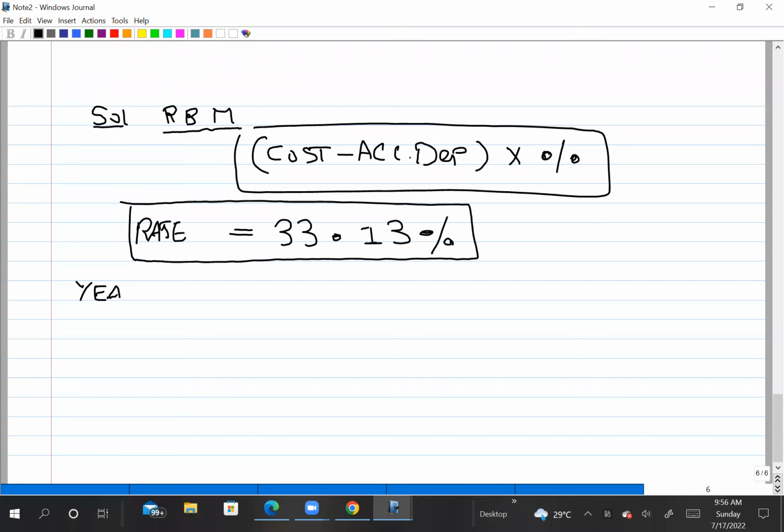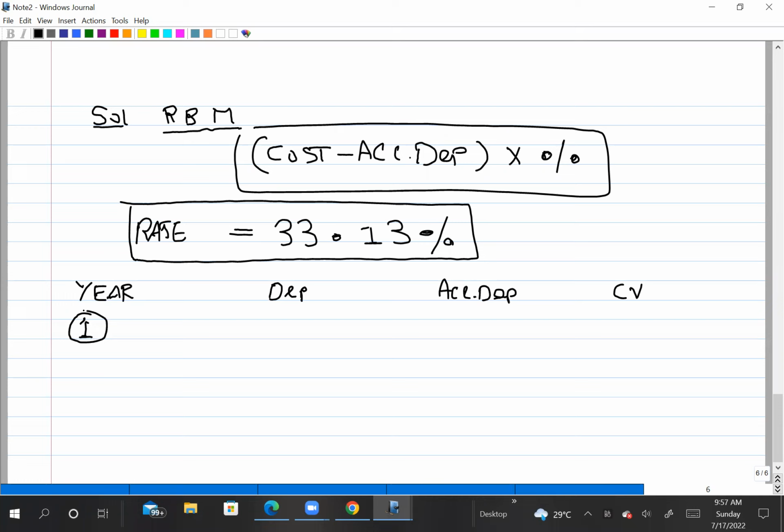So here we have depreciation, accumulated depreciation, and the carrying value.